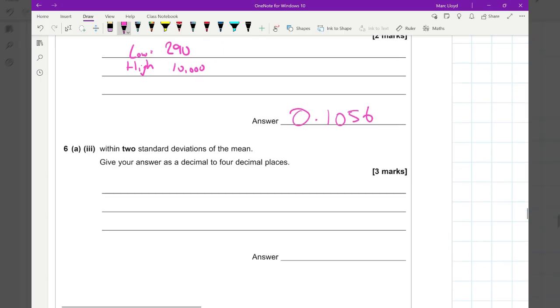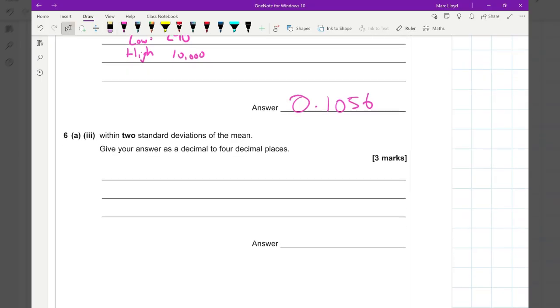Okay, within 2 standard deviations of the mean, give your answer as a decimal to 4 decimal places. So our value is 275. That's our mean. If I add 2 standard deviations, that's going to give me 299 because 1 standard deviation is 12, so 2 of them is going to be 24.